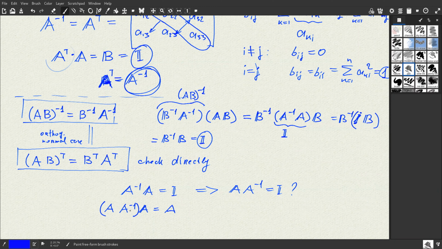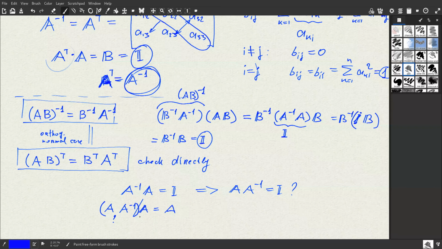And we get what we want to prove, because it must be the identity matrix. Well, we don't know what A minus 1 is as yet, and we can't do much. Well, we can actually, but we are more or less on the right way.